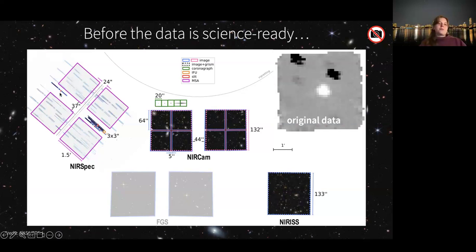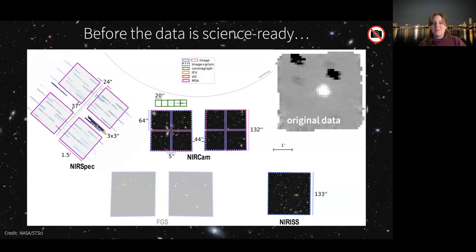These four squares are the detector plane, right? These are your detectors. And as I said, with each instrument you can take an image or you can take a spectrum. There are different modes that you can employ, and all of them in some way project onto the same plane of detectors.